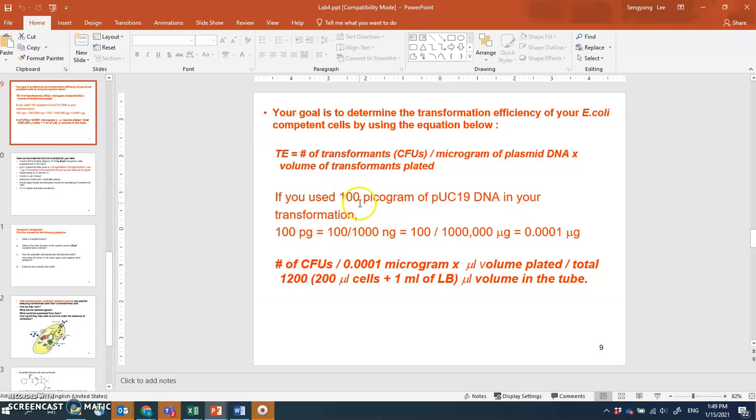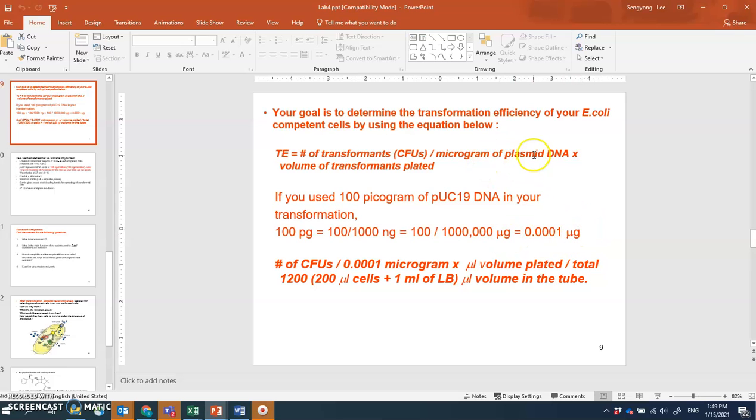So 100 picogram divided by 1000 nanogram, and then you have to change that to micrograms, which is 1000 times more. So actually 100 over 1 million will be the conversion of 100 picogram to microgram, right? So 100 divided by 1 million, which is 0.0001 microgram.